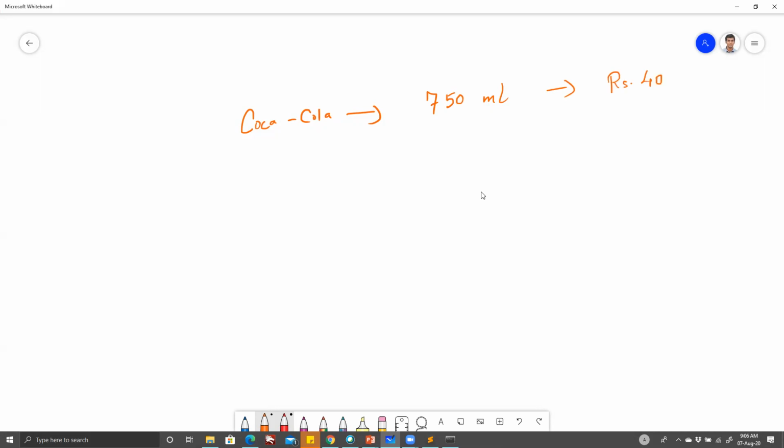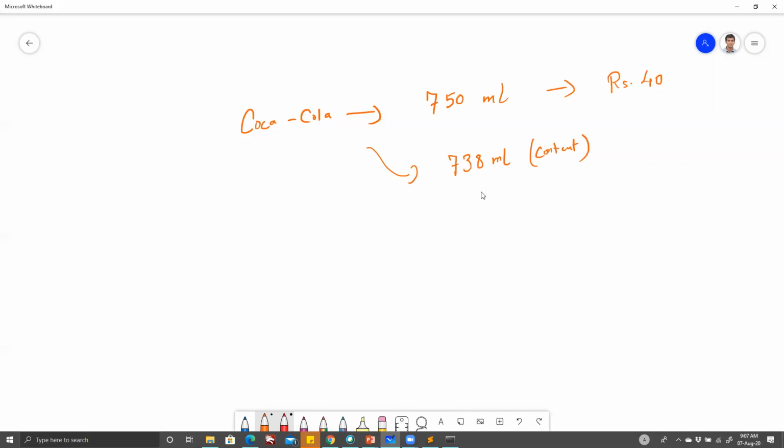So Coca-Cola claims it has 750 ml. One day, I am suspicious of Coca-Cola. I'm like, no, looks like the quantity is less. And I open it and put it in a beaker or a measuring flask, and I actually see there is just 738 ml of liquid. So the content is just 738 ml.